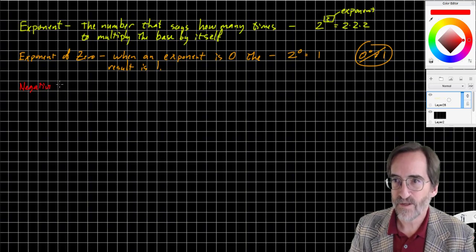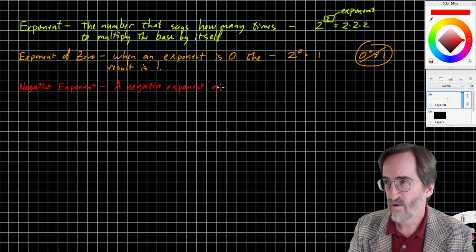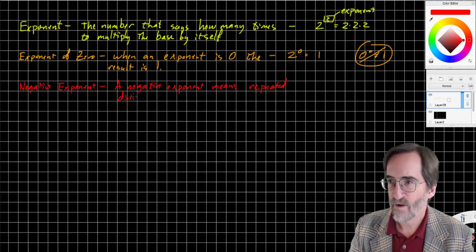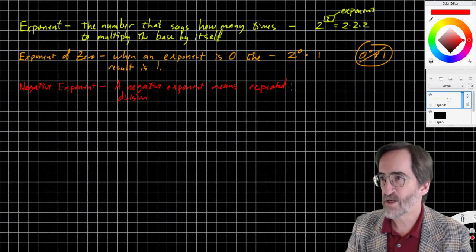Negative exponent. A negative exponent means repeated division. Remember, an exponent means repeated multiplication, but a negative exponent means repeated division.